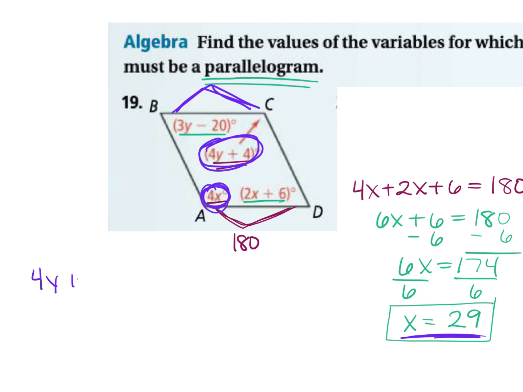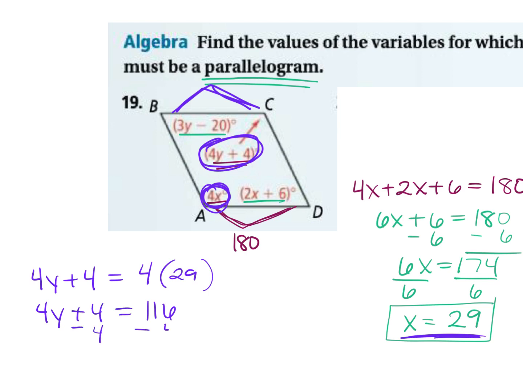So 4y plus 4 equals 4 times your x, which is 29. 4 times 29 is 116. So 4y plus 4 equals 116.